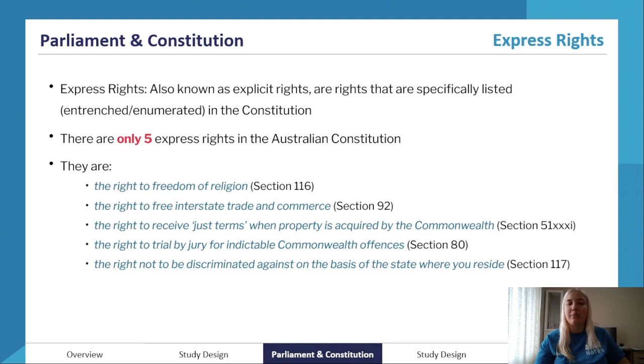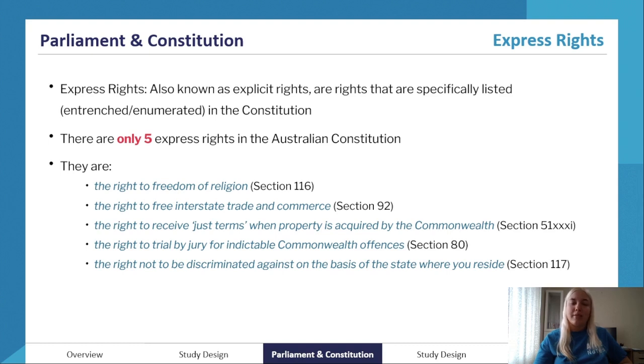Okay, so you don't have to pay any money or tax if you are a business that's delivering products across state lines. There's also the right to receive just terms when property is acquired by the Commonwealth, which comes under Section 51, subsection 31. This means, again, a flaw of this is that this express right is only federal level. So states could do anything they want, technically.